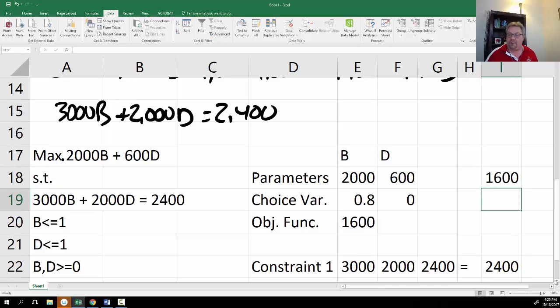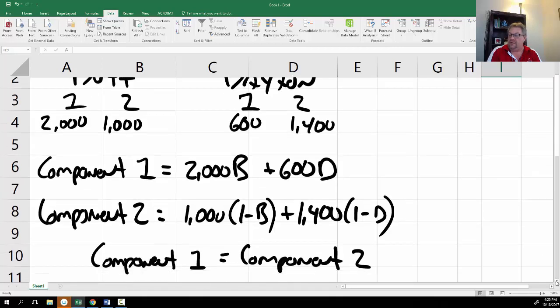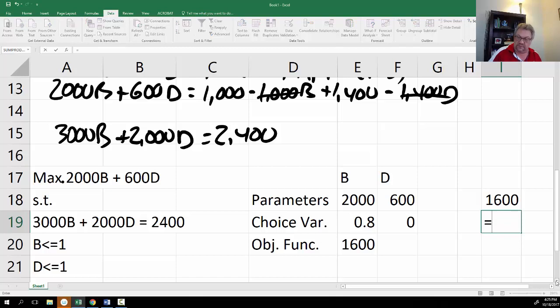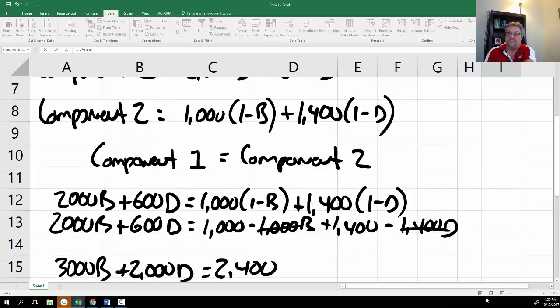Now, how much of component 2? Well, component 2, I'm going to take 1 minus B times 1,000, 1 minus D times 1,400. So for component 2, I am going to take the 0.2 times the 1,000, right? That's what I just showed you. The 0.2 is 1 minus 0.8 times 1,000.